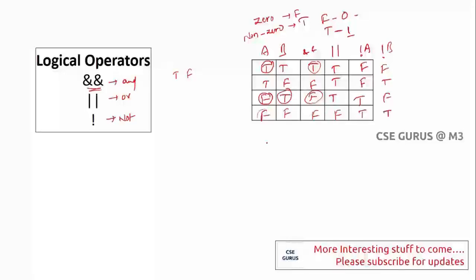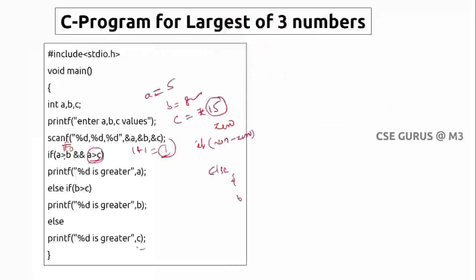So that means if the first value is false, you will definitely get the answer as 0, right? So that's why we call it lazy execution. If it is false, where is the need to execute this one? Because whatever it may be, true or false, the result will be false. So that's why it won't be executed.